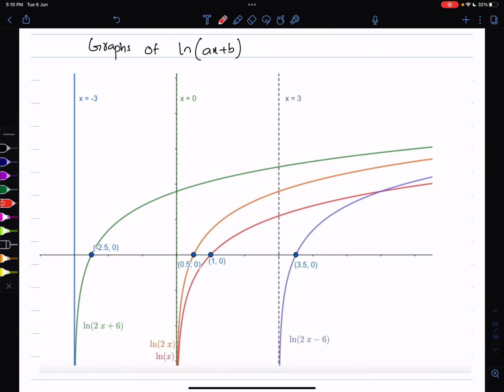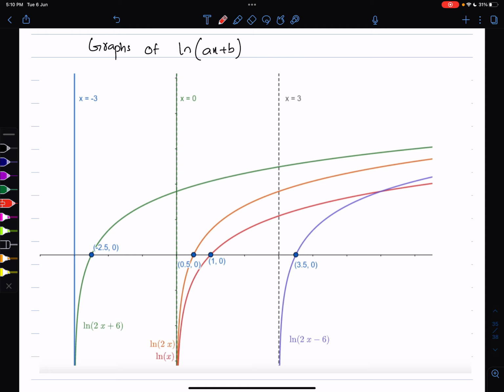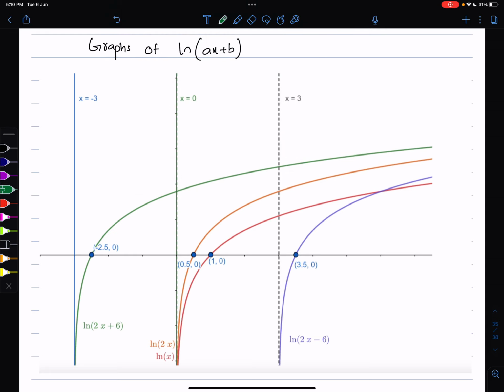And finally, let's consider the graph of the form ln(ax plus b). Again the same thing. So consider the equation ln(2x plus 6). Then this 2x plus 6 must be greater than 0, so x must be greater than negative 3. So that's why the asymptote has the equation x equals minus 3.